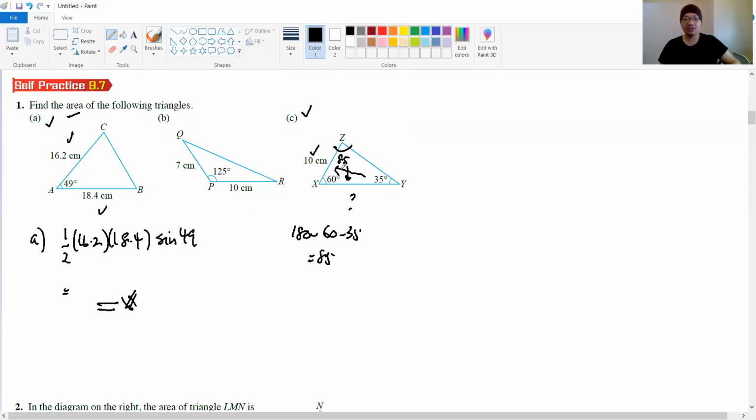So to find the question mark, let's say I label it as x here. So x over sine 85 equals 10 over sine 35. So x equals what? Very easy.